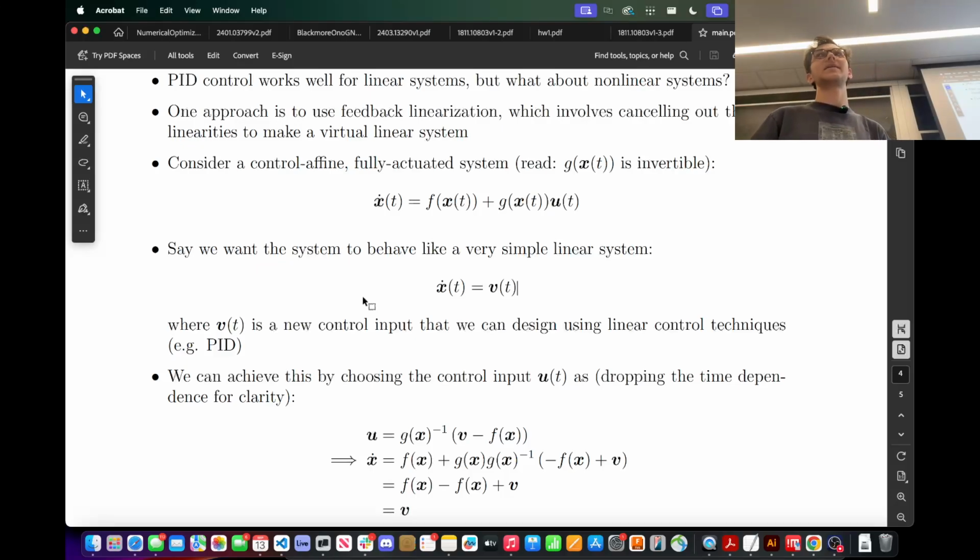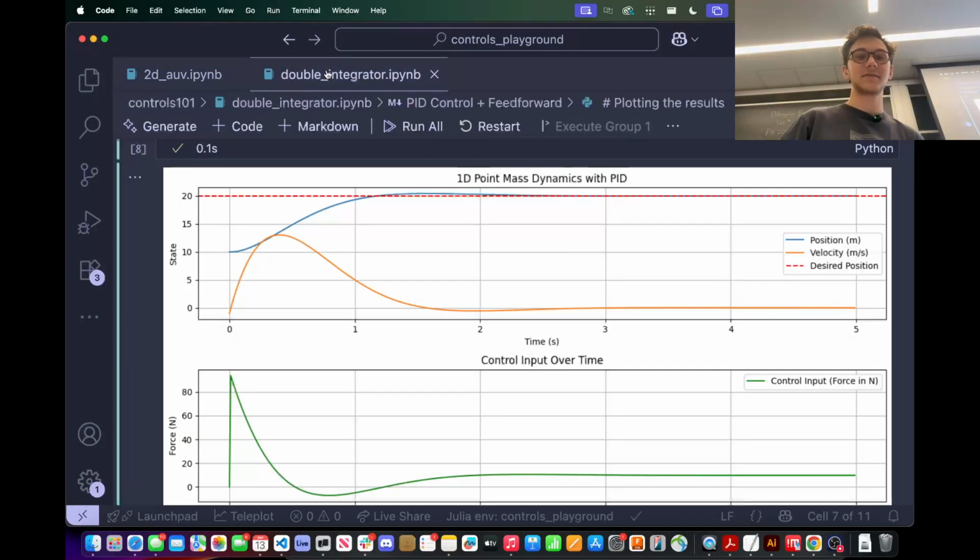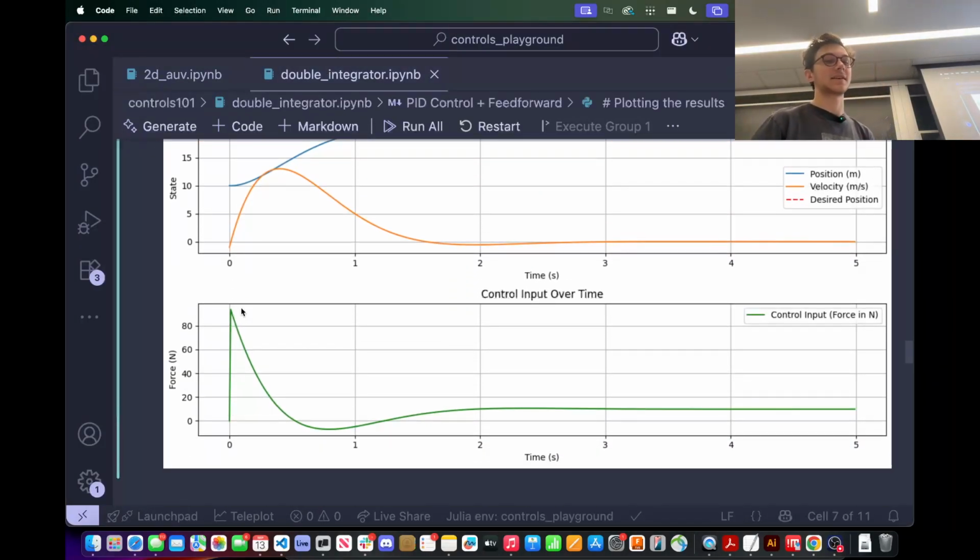But if you care about specific metrics like reducing control effort, or you have constraints on the system, and a constraint that exists in every system, including our sub, is that we can't exert infinite control effort.